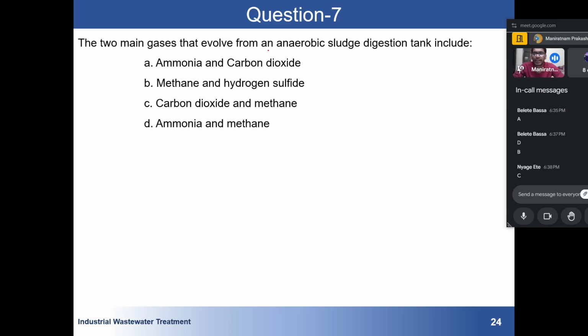The two main gases that evolve from the anaerobic sludge digestion tank include two main gases. We have got one answer, C, that is carbon dioxide and methane.